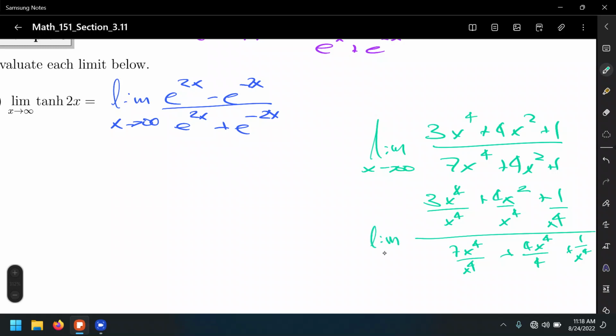It was quite a painful setup. Ultimately, just to cancel this, and 2 over 4, that goes to 0, that goes to 0, that goes to 0, and we still end up with 3/7, as if we use only the shortcut rules of going with the degree matching. So guys, at this point, I believe it's fine if you just go with that. You don't need to show this painful process.